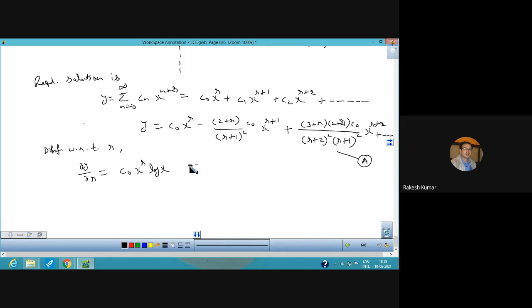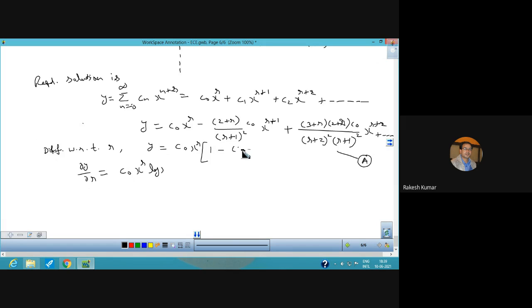Even before that, if you want, you can take common. Let us do that. To make it easier, you can take common. C naught can be taken common. X raised to power r can also be taken common. It will make it easier.